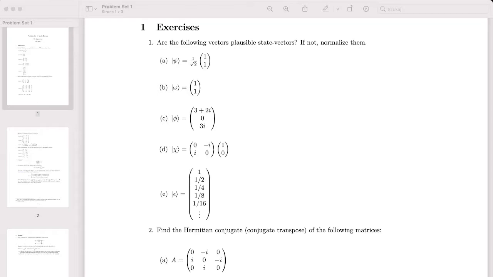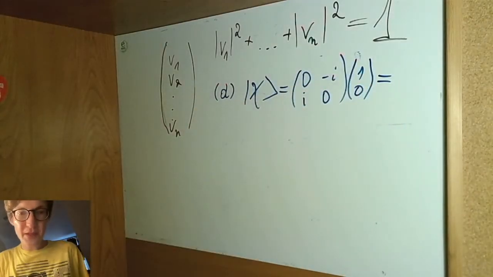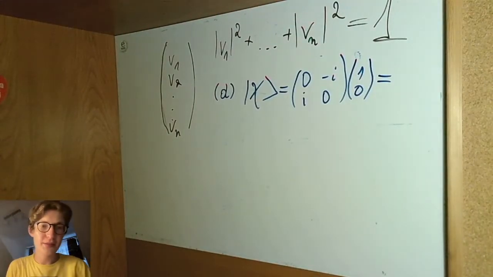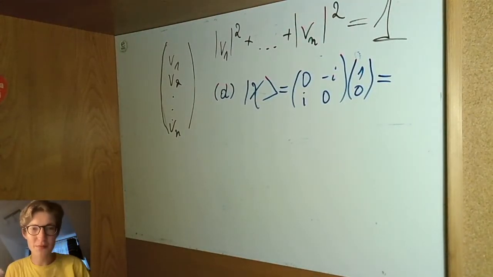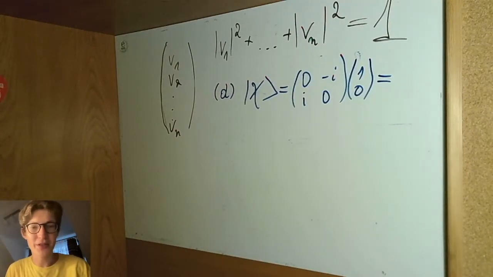Now we have not just a vector, but a matrix multiplied by a vector. It can be interpreted as a quantum gate applied to some quantum state, by the way. Namely, this matrix is a Pauli Y matrix.